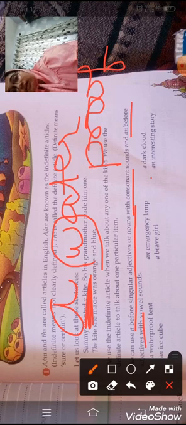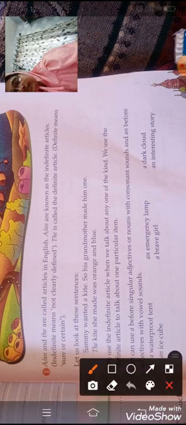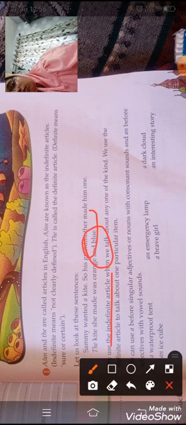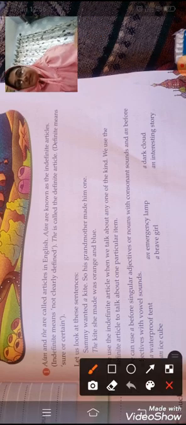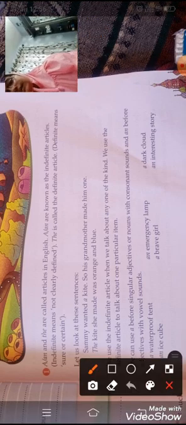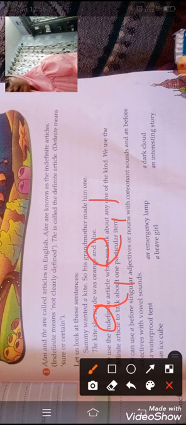And before adjectives with vowel sounds, such as an old man. After the blank there is o, that is a vowel. At that time we use the article an. So what are the 5 vowels, students? The 5 vowels are a, e, i, o and u.